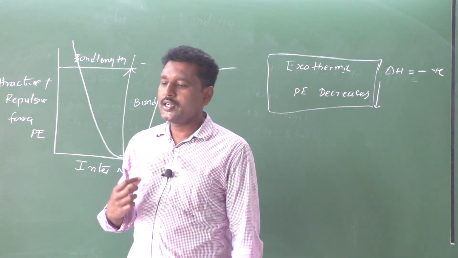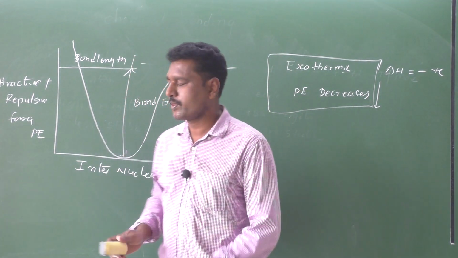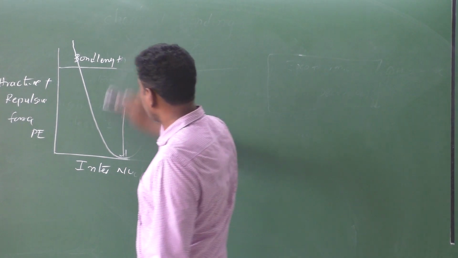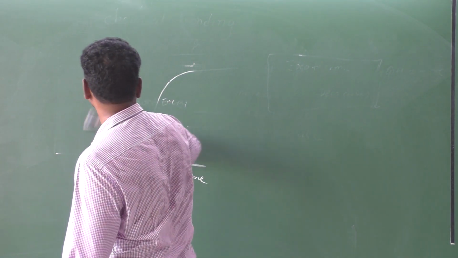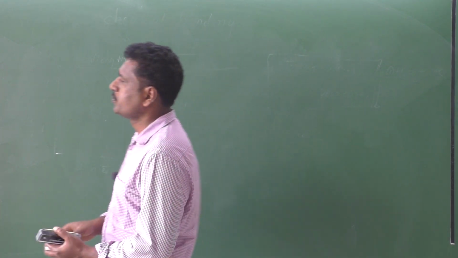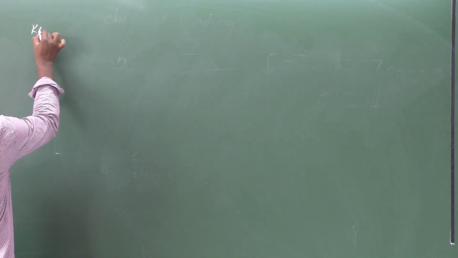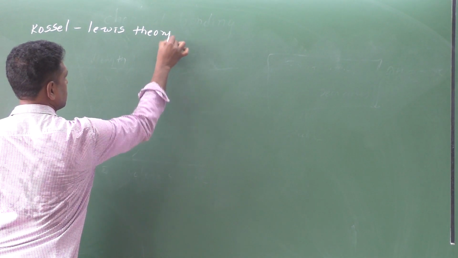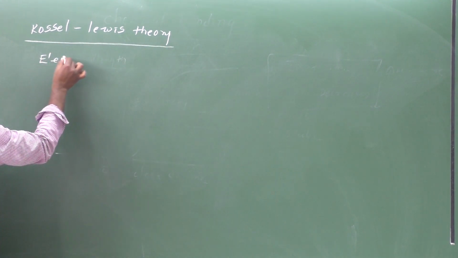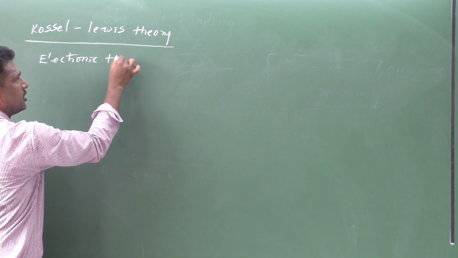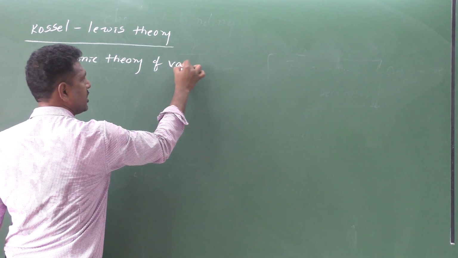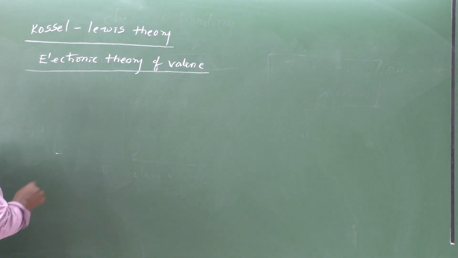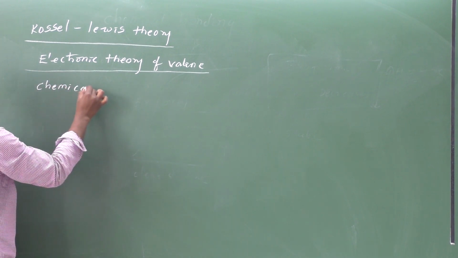We will discuss the Kossel-Lewis theory, or the electronic theory of valency, and also the chemical bond theory.